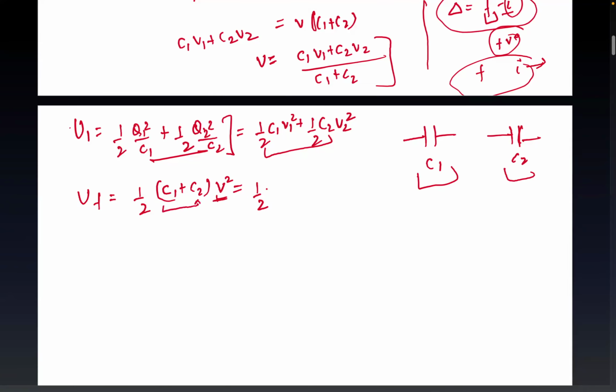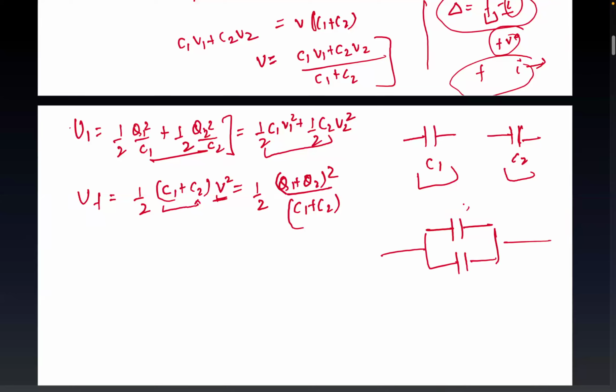Can I write instead of this whole thing Q1 plus Q2 whole square divided by C1 plus C2? If I just say that, can I call this a single capacitor? How much charge does the single capacitor have? Q1 plus Q2, and what is the net capacitance? That is C1 plus C2.